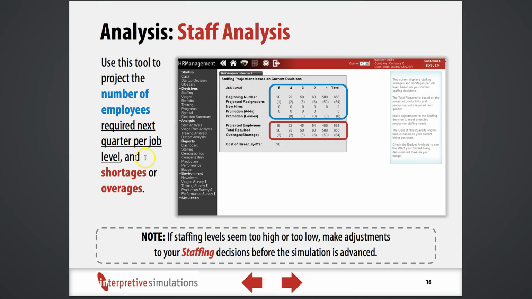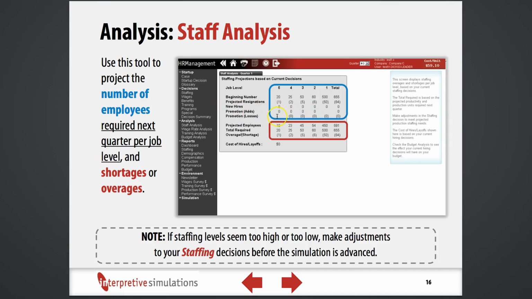So your staffing analysis allows us to check whether or not the number of employees that you have in the company match how many you're going to need for the next quarter. So the stuff in blue represents how many I currently have available. And that looks at the beginning number you had that year, how many resigned during that quarter, how many you hired, how many you promoted.